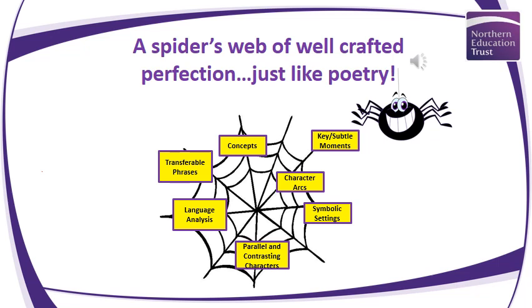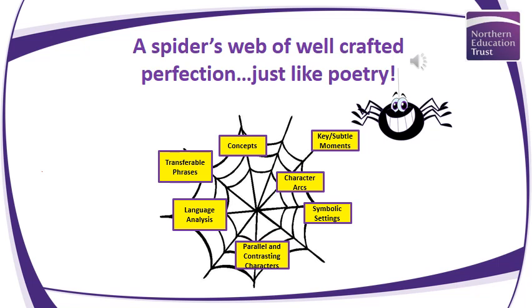So those of you who checked out my follow-up session on poetry last week, you will recognise this slide. And the reason why I included it is because this idea of a spider's web of well-crafted perfection really applies to Shakespearean drama as well as poetry. Like we all know, a lot of Shakespearean drama, a lot of Shakespeare's plays are written in the form of poetry.